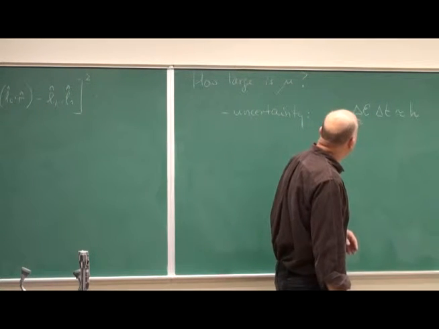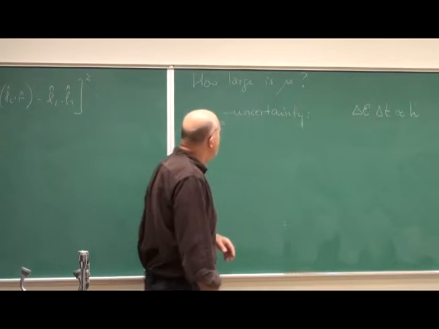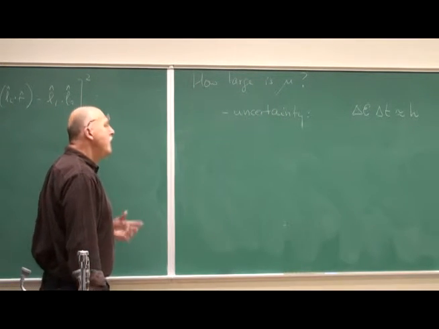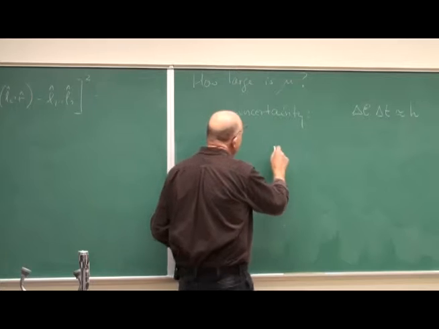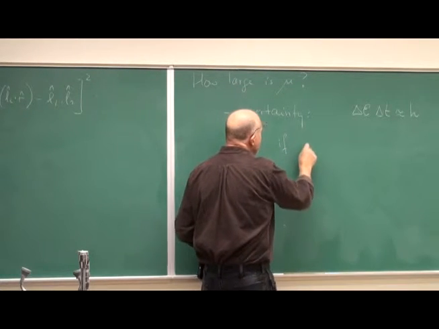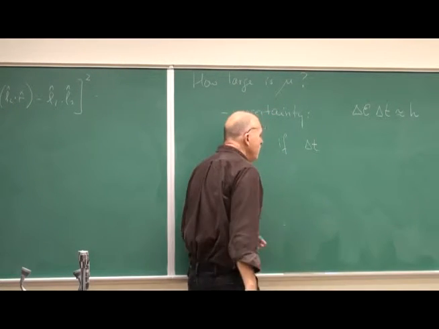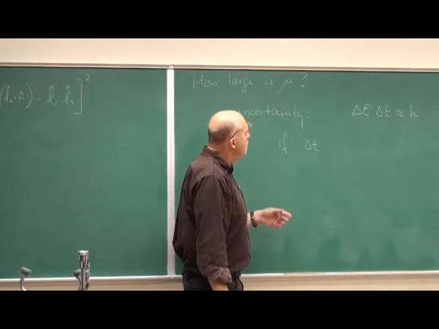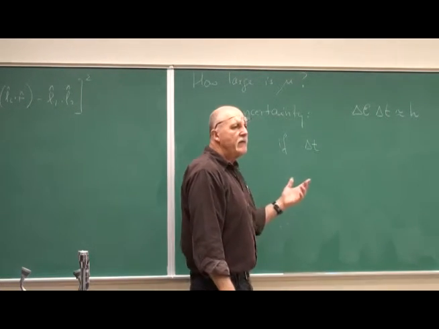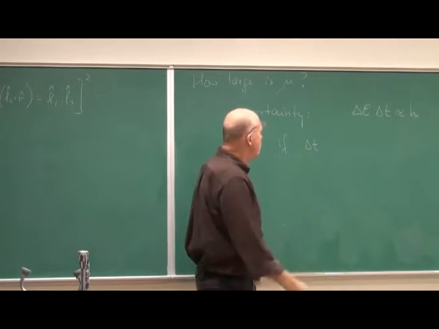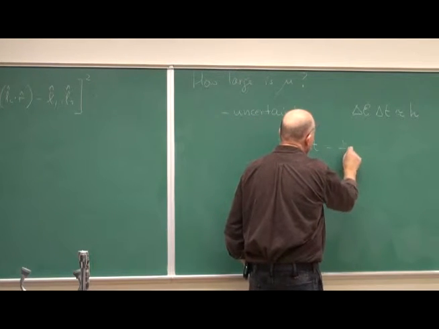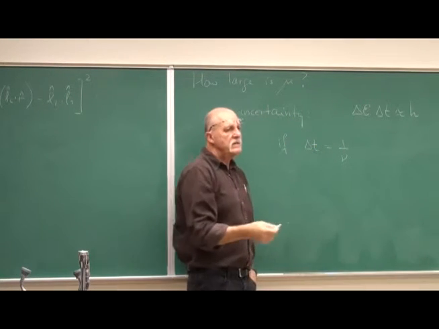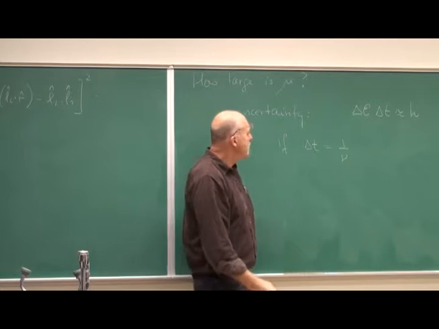Okay, now if we write that delta t is a time interval, we can think of that as being the reciprocal of some frequency. Frequency is something per time, so that makes sense.